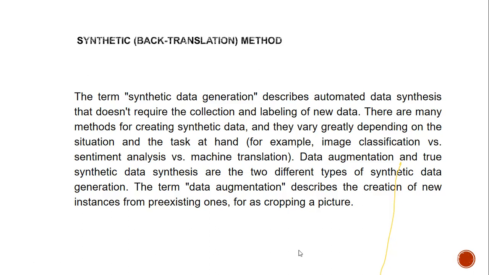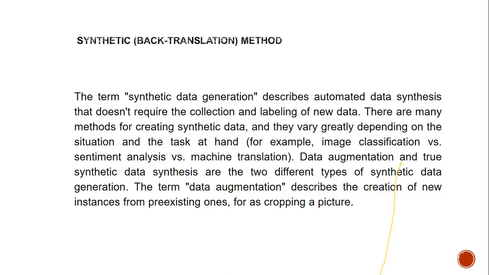I put it in Yoruba, then I pick that translated content and translate it from Yoruba back to English. In back translation, we use a model. We don't do it manually, just like the round trip.